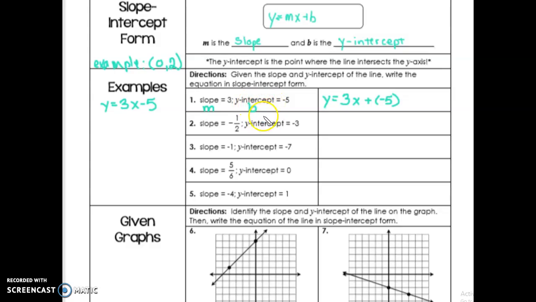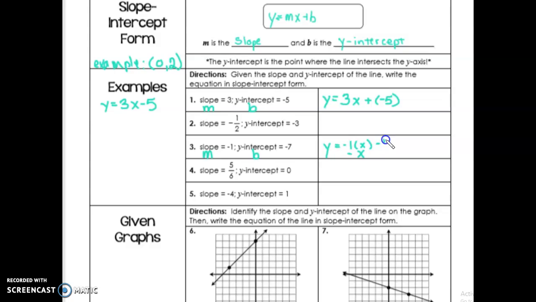Alright, just like we did before, I'm doing the odds, you guys are doing the evens. So I'm moving on to 3. So, underneath my slope, I'm going to write m. Underneath my y-intercept, I'm going to put b. So I'm given a slope of negative 1 and a y-intercept of negative 7. So I'm going to write this as y equals negative 1 times x, or you can write this as negative x, either way.